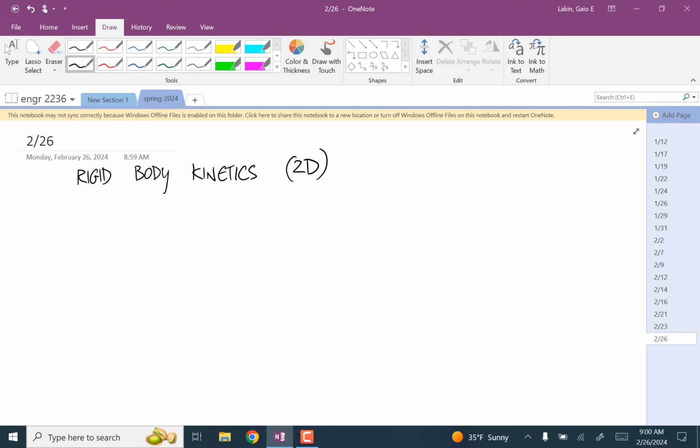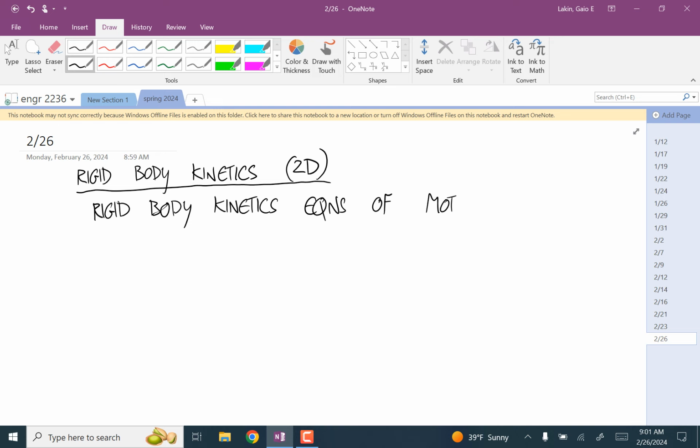But all these equations that we're headed for are 2D equations. So these are going to be our rigid body kinetics equations of motion for 2D.